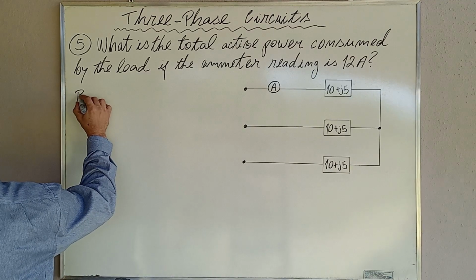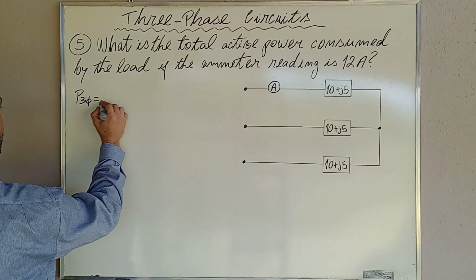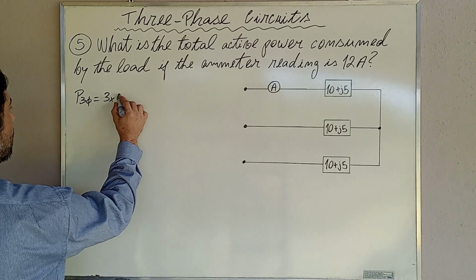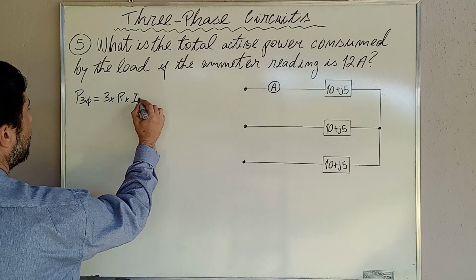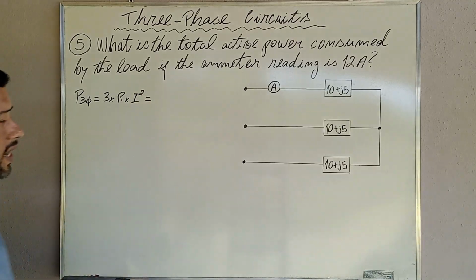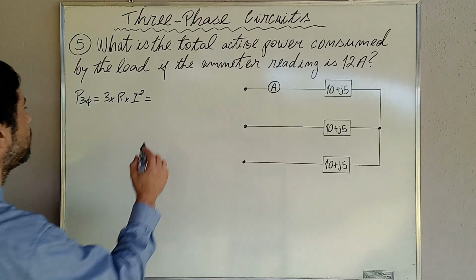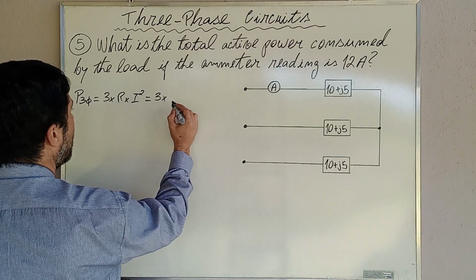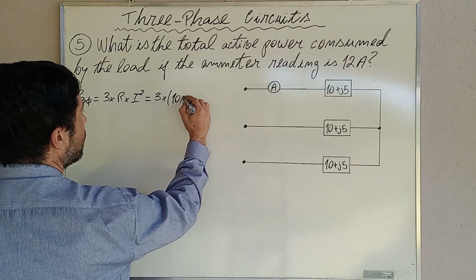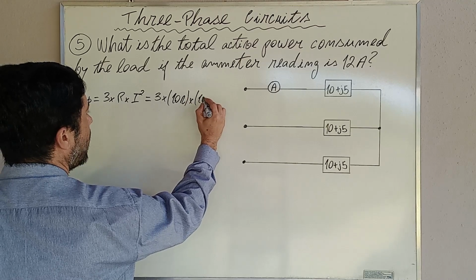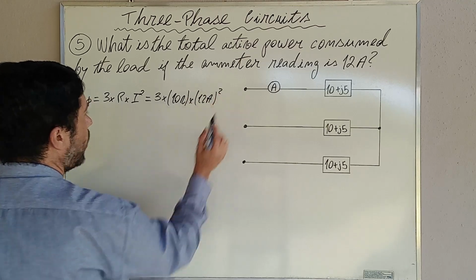The active power three-phase is equal to 3 times the resistance times the current squared. And for this exercise, it is 3 times 10 ohms times 12 amps squared.